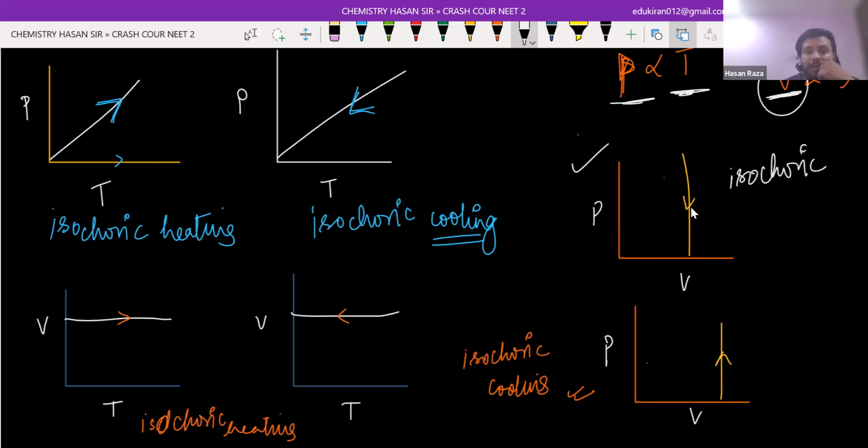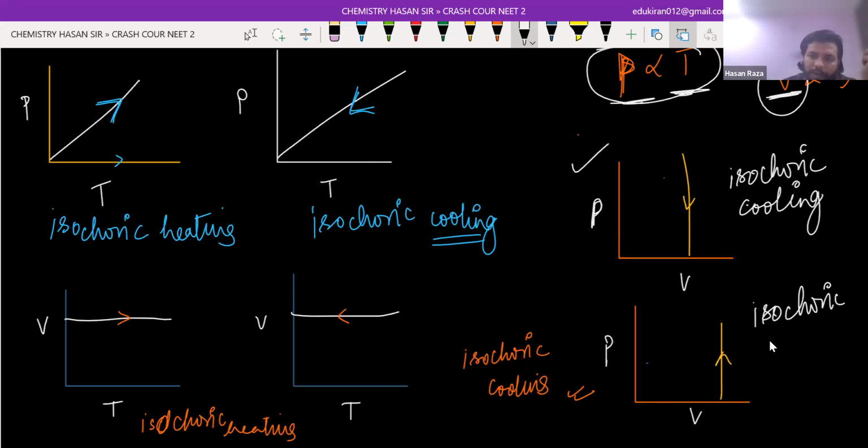We cannot go for expansion and compression, so in terms of heating and cooling, temperature is not directly given, but we know that pressure is directly proportional to temperature. Since pressure is decreasing, temperature will also decrease, and hence, very good, it will be cooling. And here it is isochoric, and it will be heating. So it's very, very easy, right?